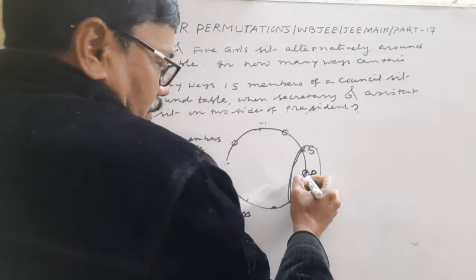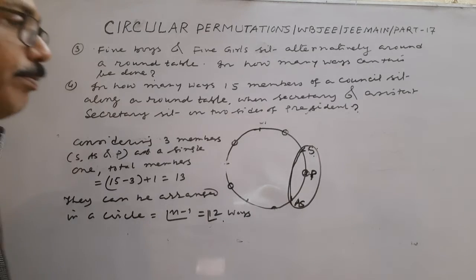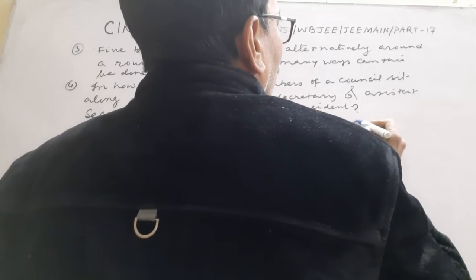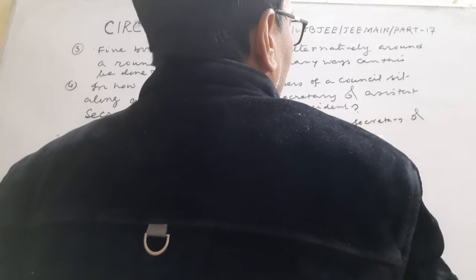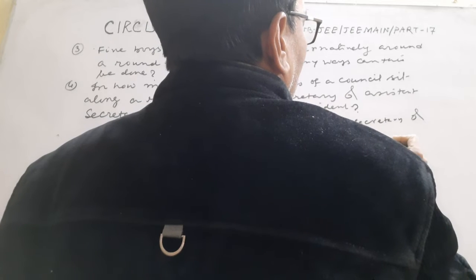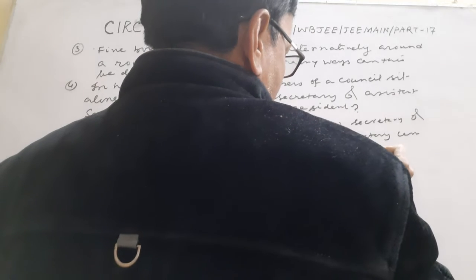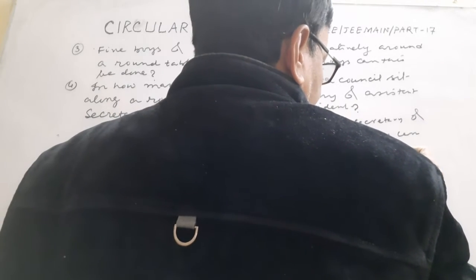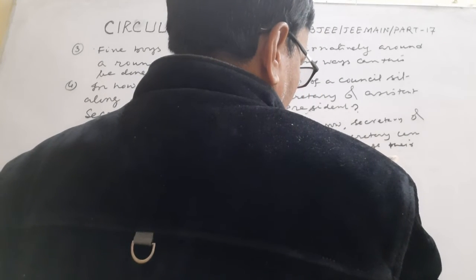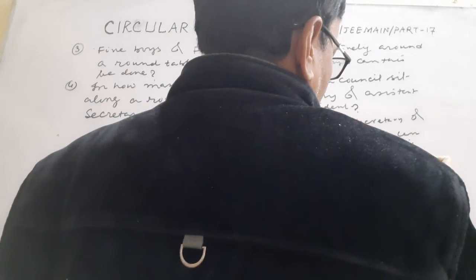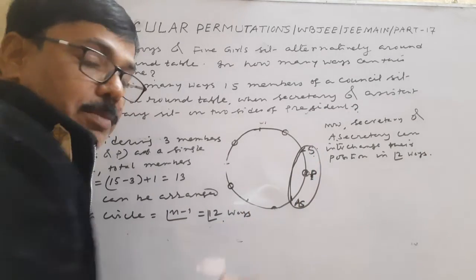Now, the president is in the middle here, but the secretary and assistant secretary can interchange their positions in factorial 2 ways. So look, they are together, but the president is in the middle.